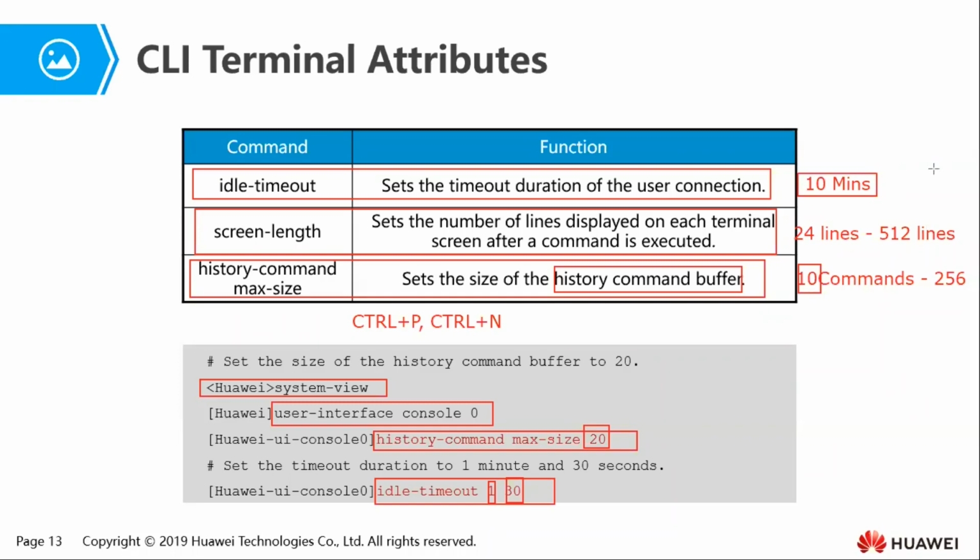The default is 10 minutes, but here we are changing it to 1 minute 30 seconds. So if your console interface has been inactive for more than one minute and 30 seconds, the connection is terminated.